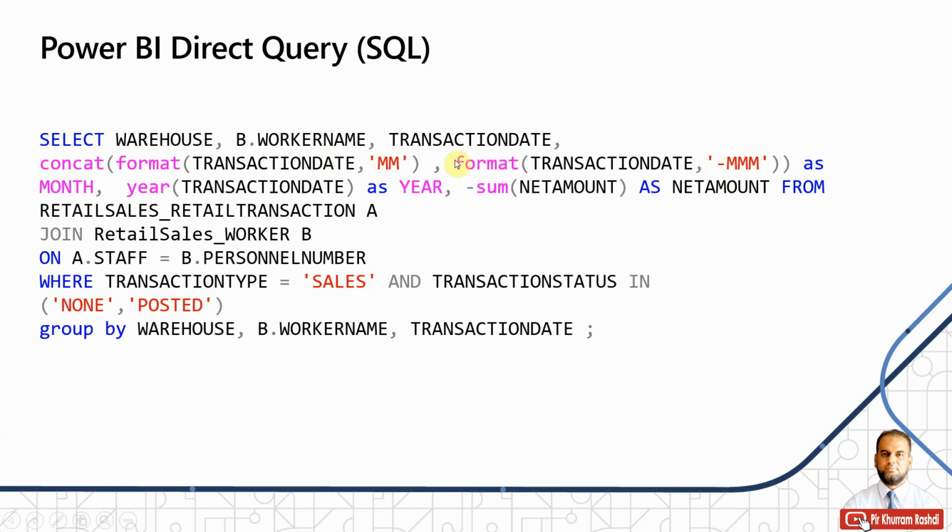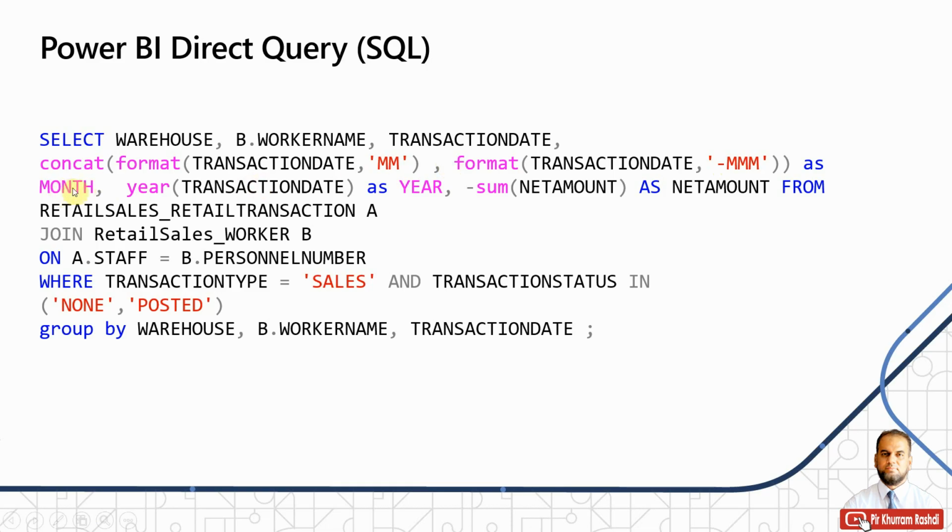Then I am concatenating both values using the SQL concat function, and this will make it like 01, hyphen, and JAN. It will concatenate so that we can see our data in sorted order in Power BI.